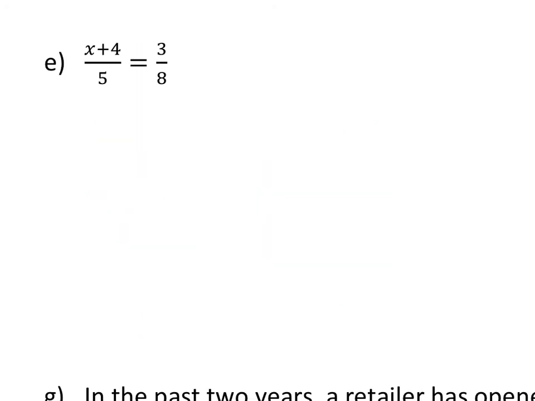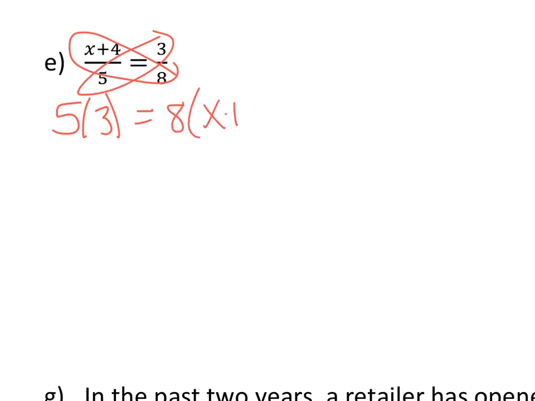You may want to watch how I do E in order to go back and do letter D on the front. Again, we are going to do cross products. 5 times 3 equals 8 times x plus 4. 5 times 3 is 15 equals, now here we have to distribute the 8.